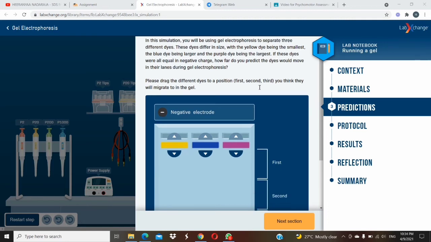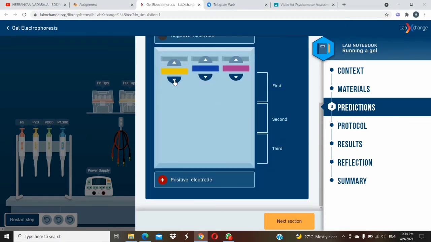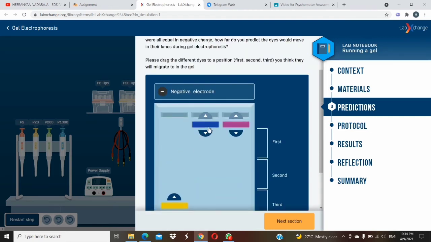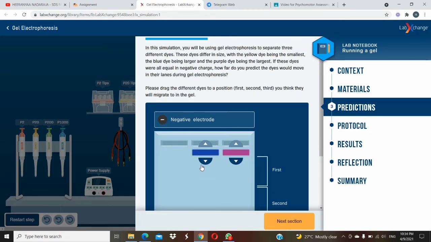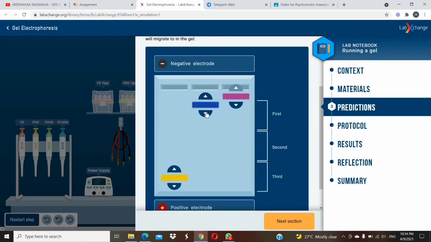If the yellow dye is smallest, it may migrate faster and be close to the positive electrode. If the blue dye is larger, it will be at a medium distance.